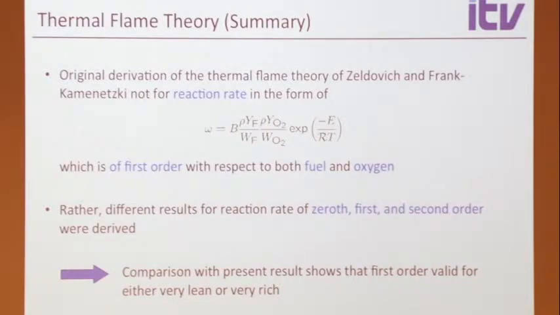So the original derivation here maybe did one that is 0th order, one first order, one second order in these quantities. Okay? And then you get different results and you compare them to each other. You see that the present derivation shows that the second order would actually be right for stoichiometric conditions.